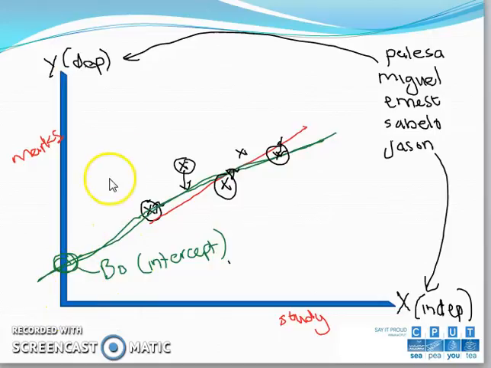So for every 1 unit that my x-axis goes up or down, I expect to see some sort of change in the y value. And that is what my slope is. For 1 unit of change in my independent variable, what is going to happen in my dependent variable?